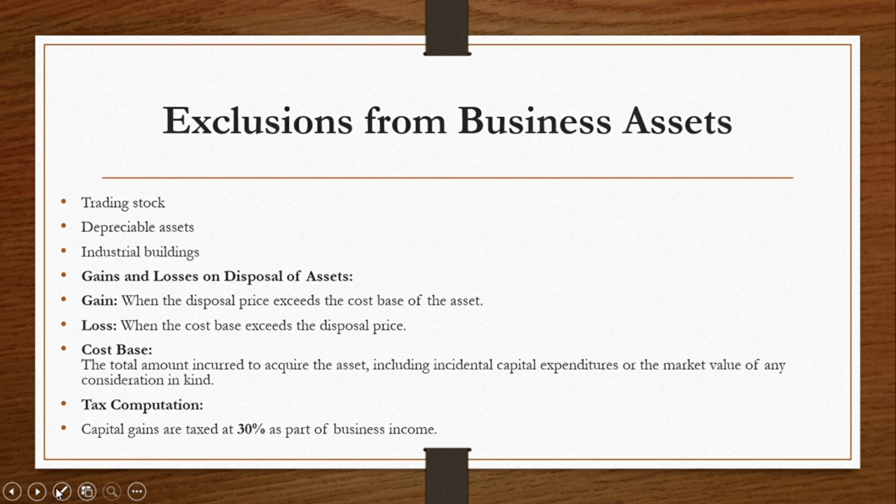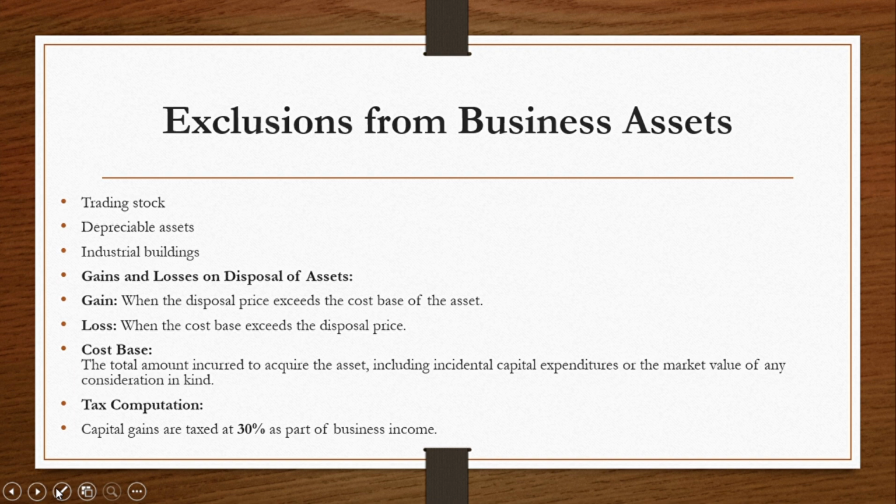Then let's look at the gains and losses on the disposal of assets. So again, obviously, it's when a profit is made. It's when the disposal price exceeds the cost base of the asset.